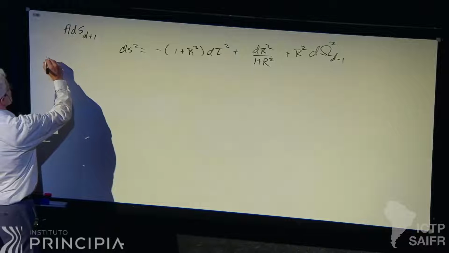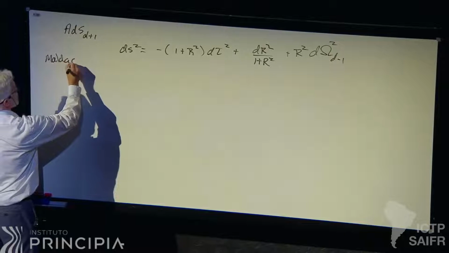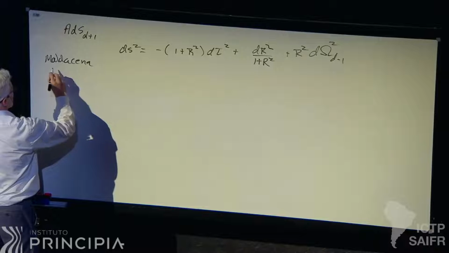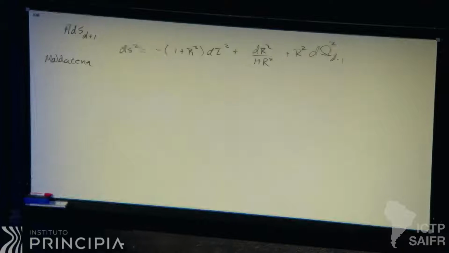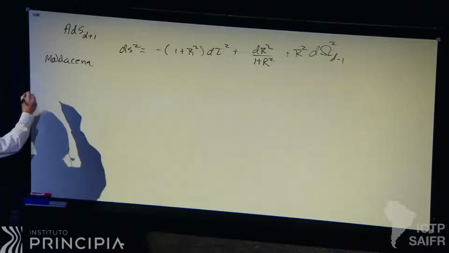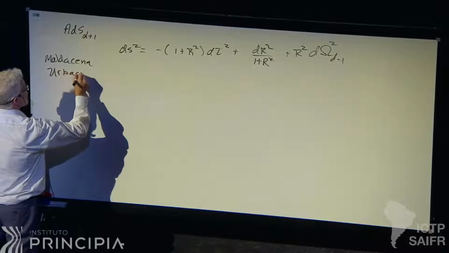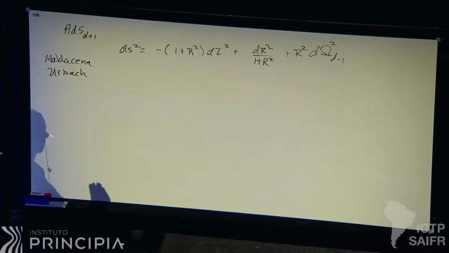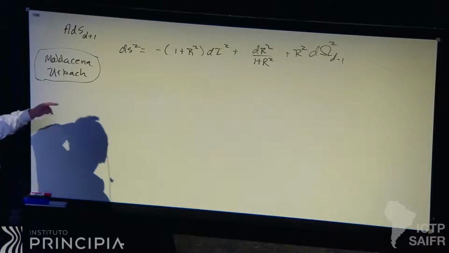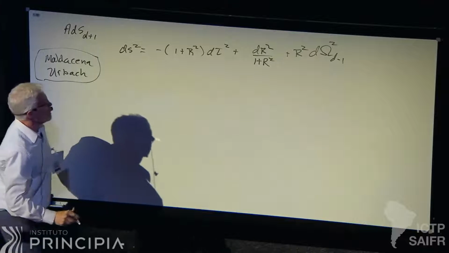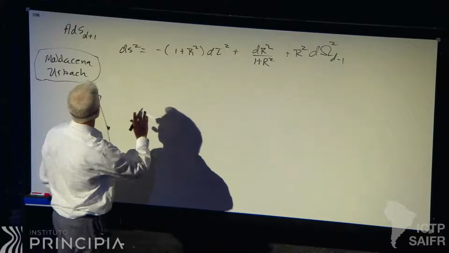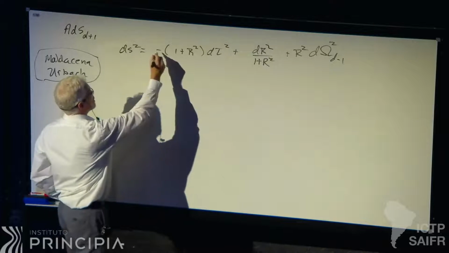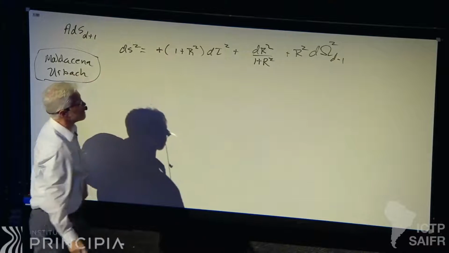And this was actually done by Maldacena and Urbach, sorry, I forgot his name already, in 2022, I believe. And so the idea is the following. Let's suppose I have a winding string. So now I'm going to consider thermal AdS. When I consider thermal AdS, I'll make this Euclidean.